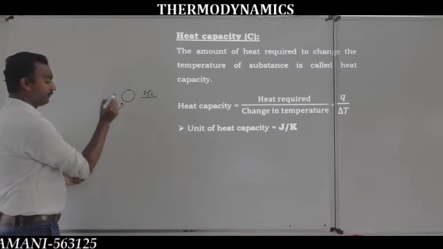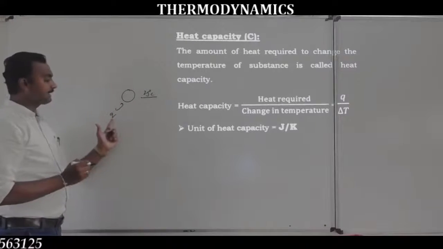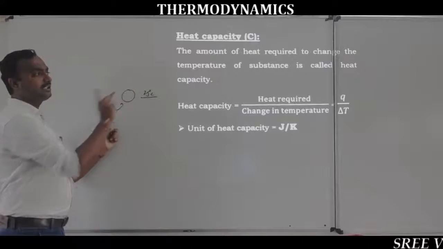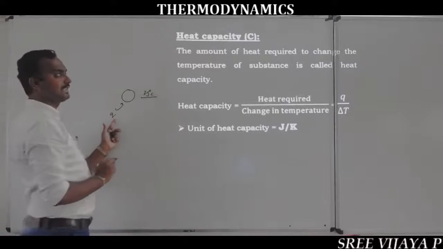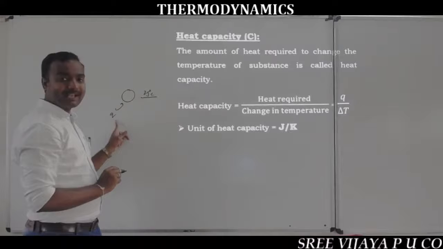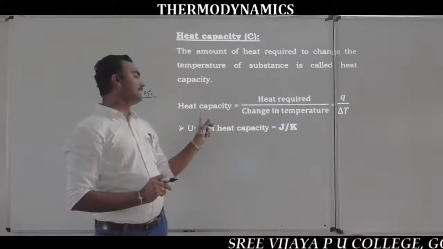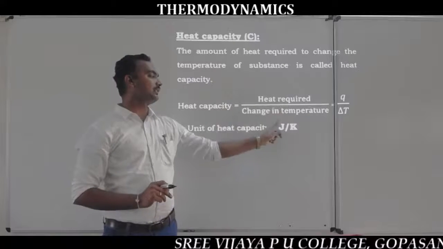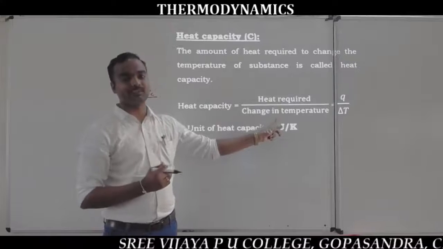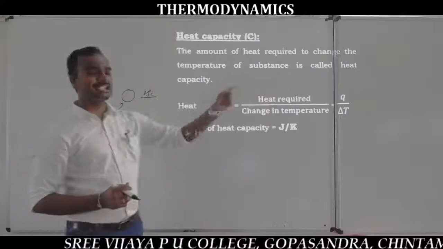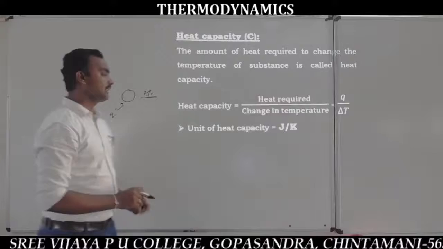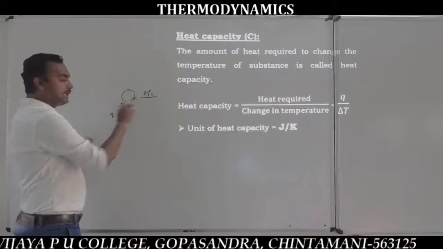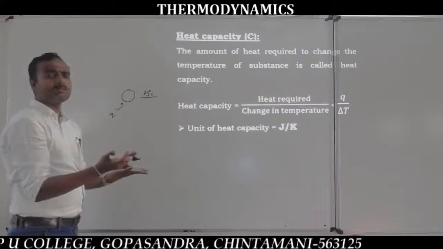So that heat is Q. The amount of heat required to change the temperature of the substance is called heat capacity. Therefore, heat capacity equals the heat required, Q, divided by the change in temperature. Take the temperature as 25 degrees Celsius. If you supply heat, the temperature will definitely increase.